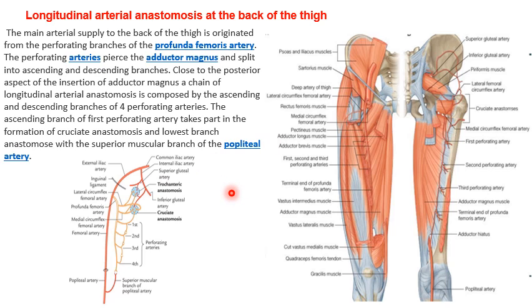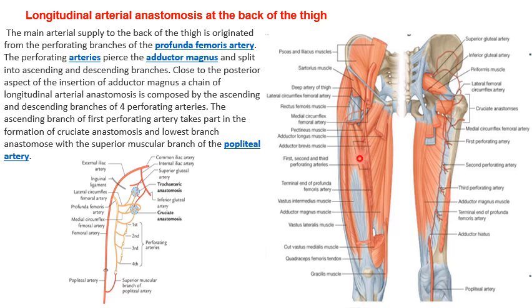Now about the longitudinal arterial anastomosis at the back of the thigh. This is the longitudinal arterial anastomosis. This is the posterior aspect, this is the anterior aspect. So this is the femoral artery. The branch here is the profunda femoris artery.